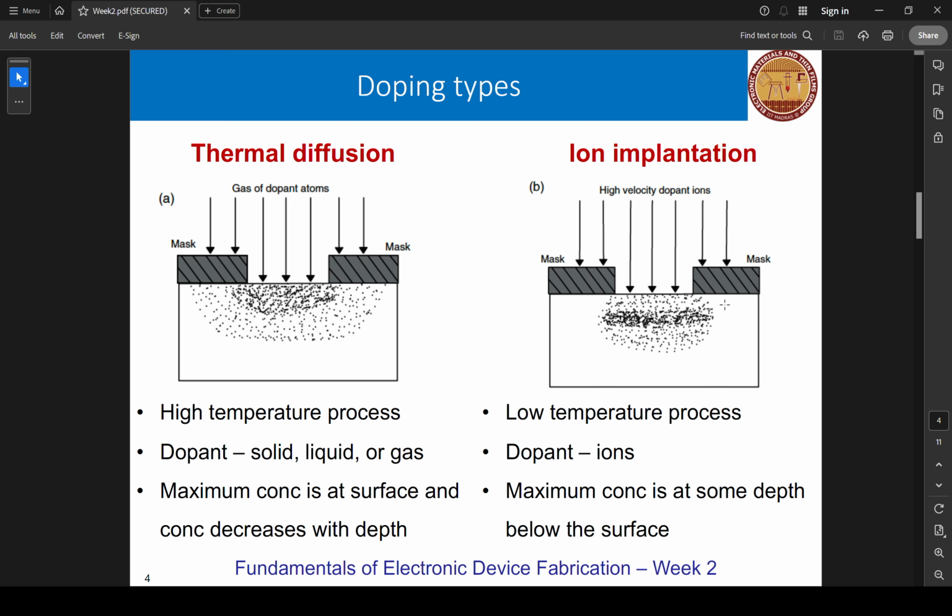We have multiple devices, and you can see the dopant is spreading out. If the dopant well of one device is touching another device, then it's a problem. So we want to isolate each and every device. For that we create a trench of oxide.